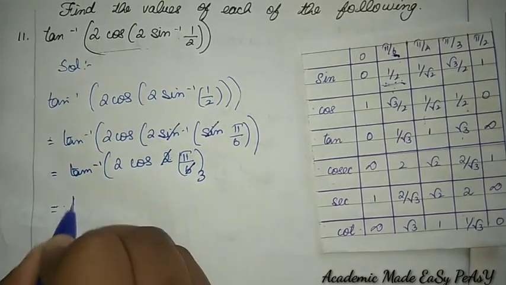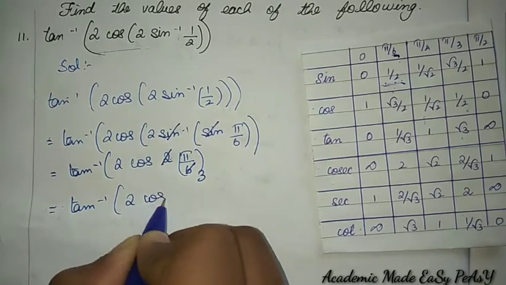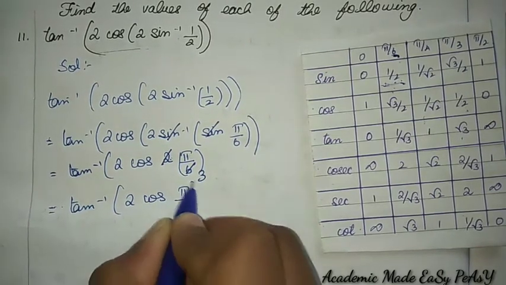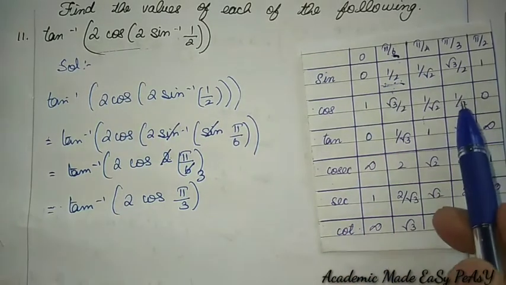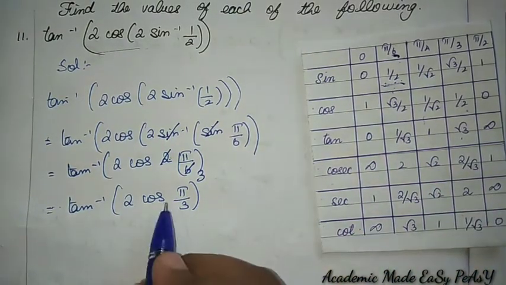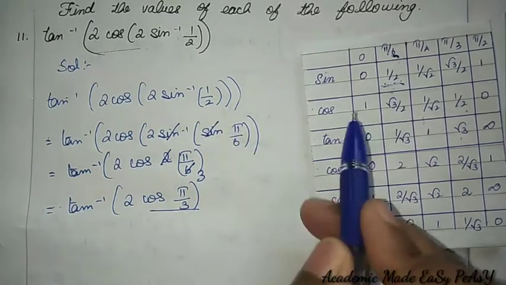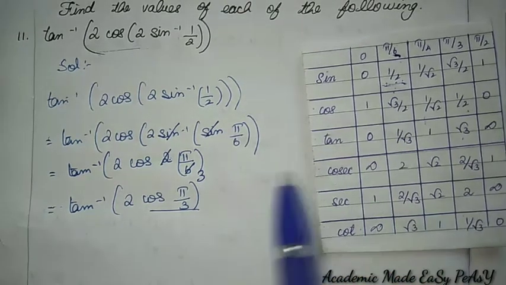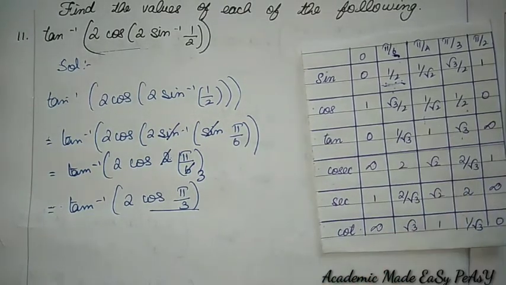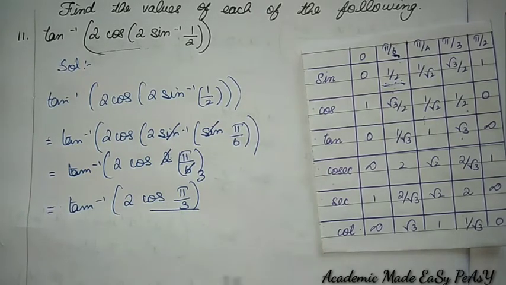Therefore tan inverse 2 cos pi by 3. At cos pi by 3 what do we have? 1 by 2. If you have 1 by 2 you have to check the position and write sine 1 by 2 or sine pi by 2 or sine pi by 6 or whatever.